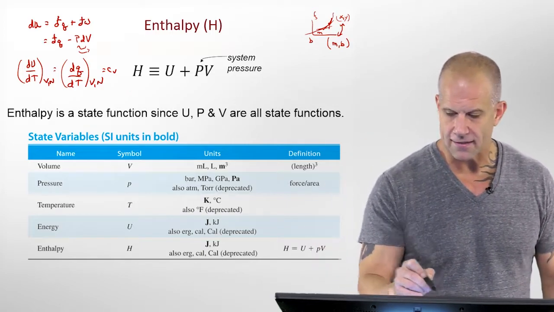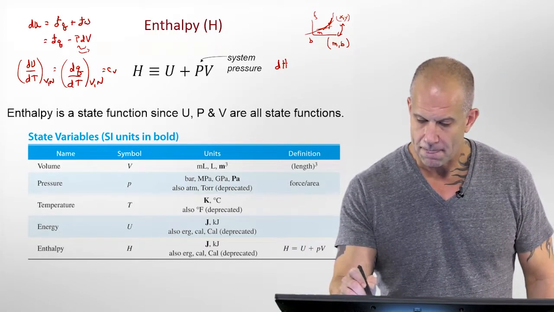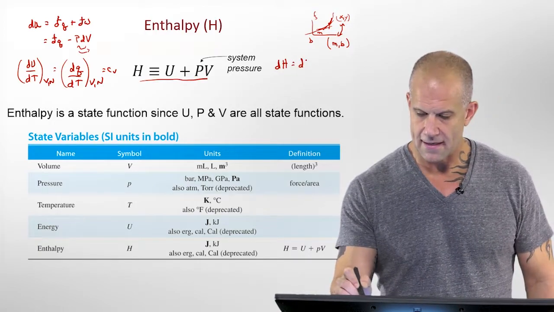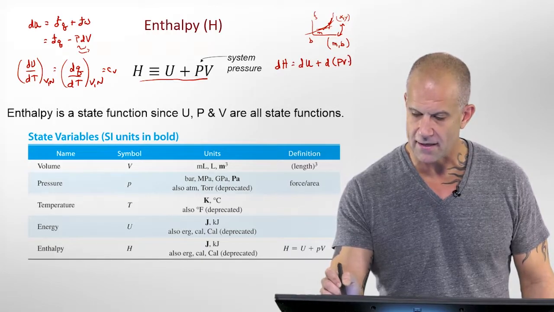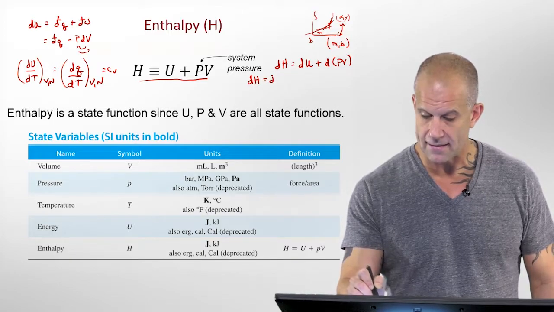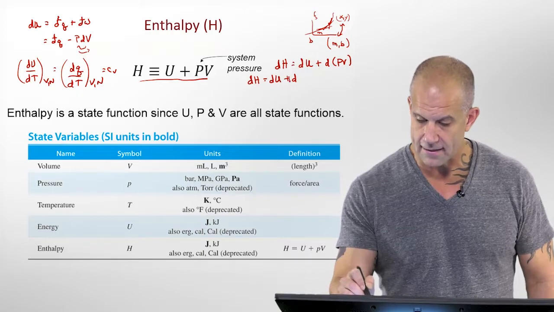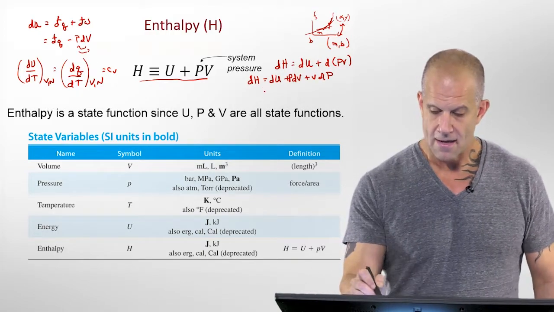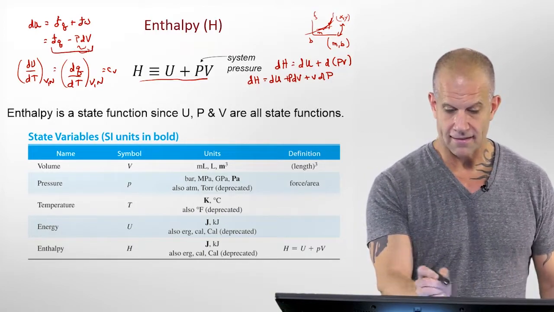And we can show this fairly simply by, if this is the definition, then this would be the change in internal energy plus the change in PV, right? So the change in enthalpy is dU, and then by a chain rule, we can say this is PdV plus VdP, right? We just said that the internal energy is this, right?